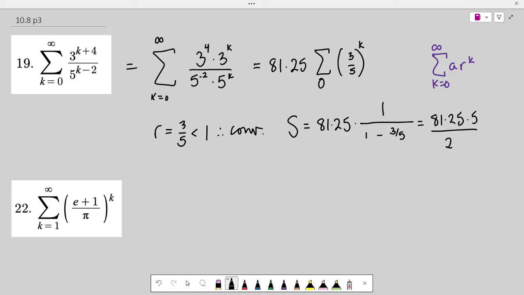And has anyone typed that into their calculator yet? Whatever that is. Do you want 10,125? 10,125 divided by 2. Thank you. According to my calculations.